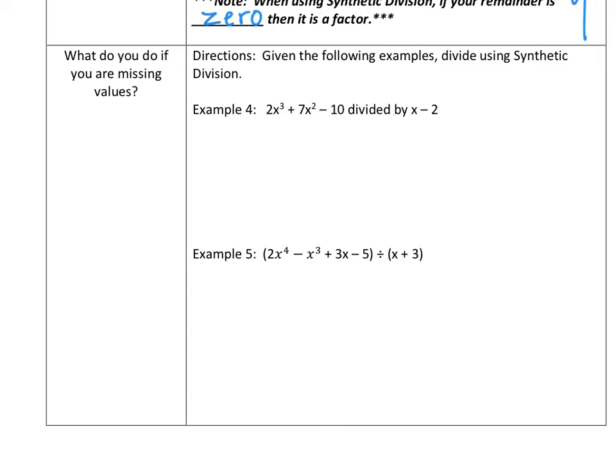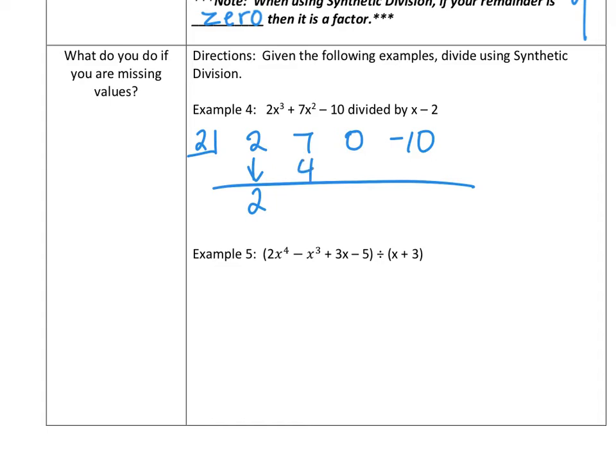Okay, so for this one, you should have got your ledge guy to be 2. You should have then had 2, 7, 0, because there was no x term, and negative 10. Drop down that 2. 2 times 2 is 4. These add to be 11. Times 2 is 22. These add to be 22. 22 times 2 is 44, and we end up with 34.